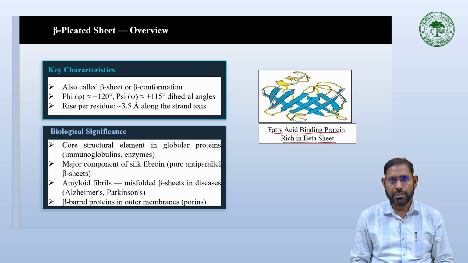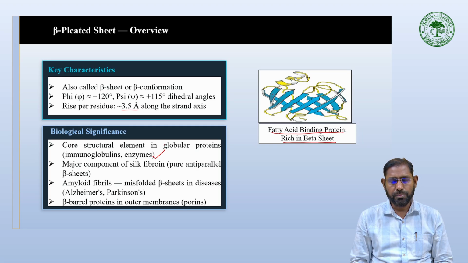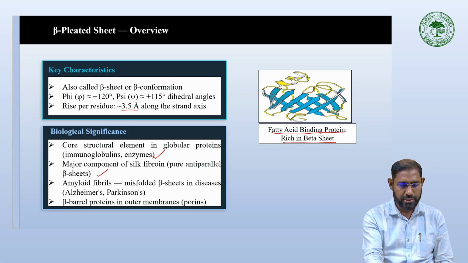And it is also a core structural element in many proteins, like globular proteins such as immunoglobulins and enzymes. It is also a major component of silk protein, and it runs in anti-parallel beta sheets.